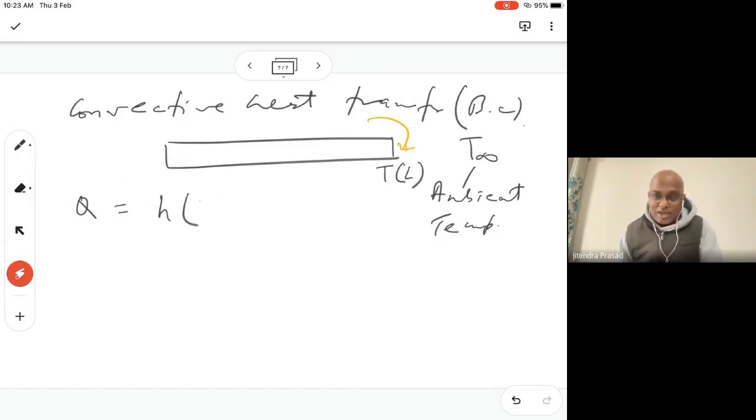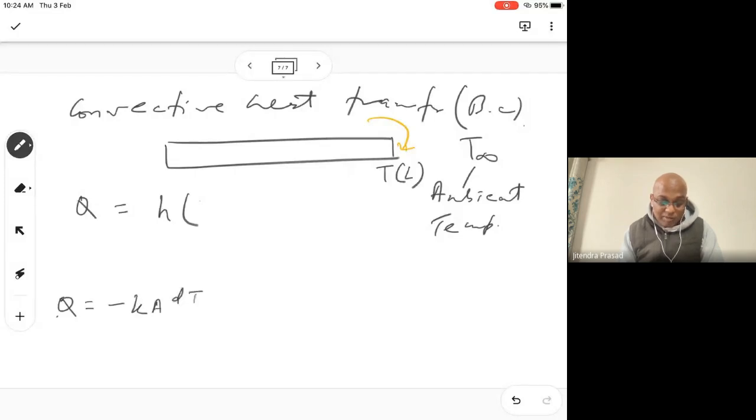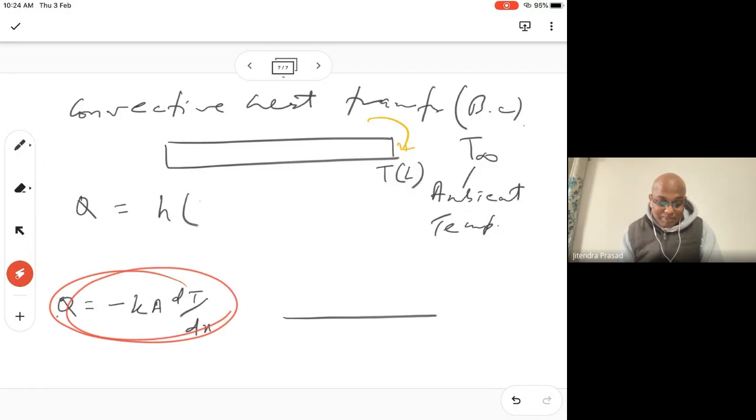One thing I should mention here: when you write Q, you are giving the boundary condition on Q. So Q is minus kA dT over dx. You have to make sure of the sign, so always think about the sign.